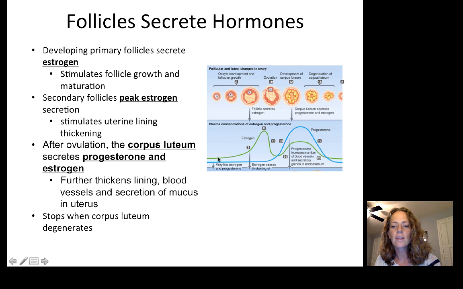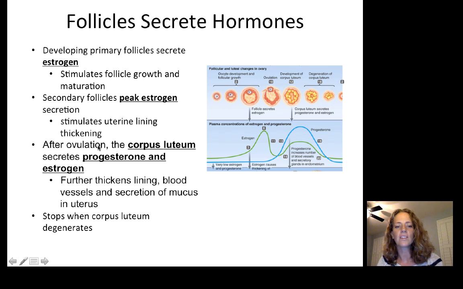If you look down here at this graph, which tracks estrogen production, you can see as the follicle goes from a primary to a secondary, to a late secondary, to a mature Graafian follicle, we ultimately reach a peak of estrogen. So more and more estrogen is produced as the follicle is maturing.